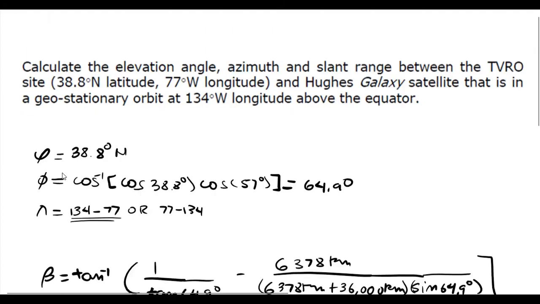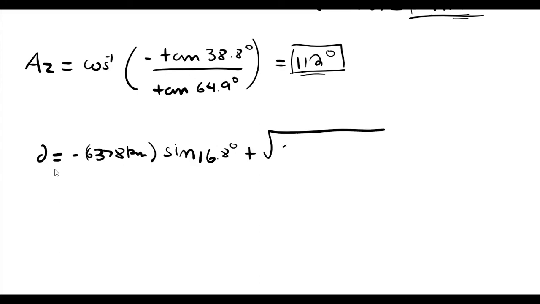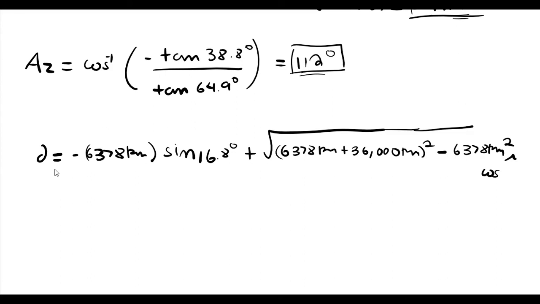So, next, slant range. Slant range is negative 6378 km sine 16.8 degrees plus square root of 6378 km plus 36,000 km squared minus 6378 km squared cosine squared 16.8 degrees.